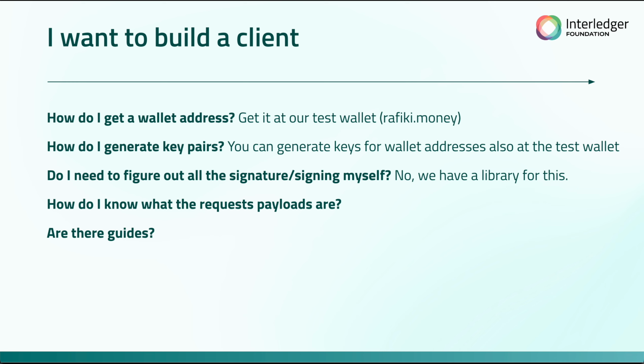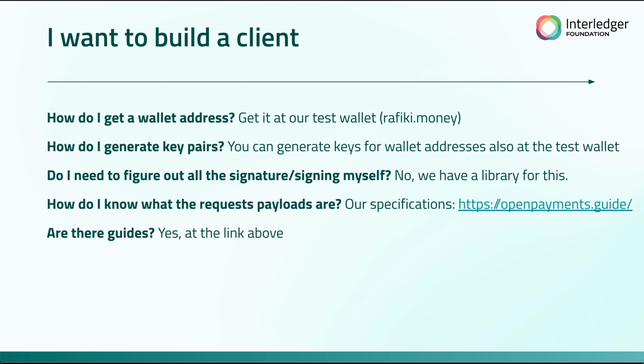And how do I know what requests to make? How do I know what the request payloads are? We have the specifications on our site. It will break down all the fields needed to make requests when you're creating incoming payments, outgoing payments, etc. And there are also guides on the site.